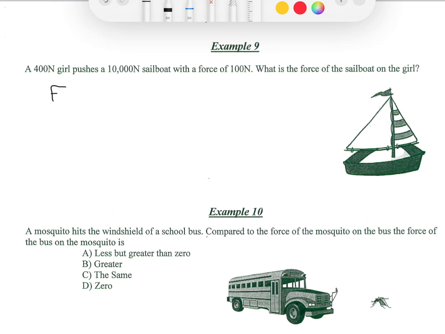The force of the boat on the girl is going to be equal to the negative of the force of the girl on the boat, which is this force right here. If we call that positive, then we are going to get negative 100 newtons. And that's all there is to it. That's equal and in the opposite direction.